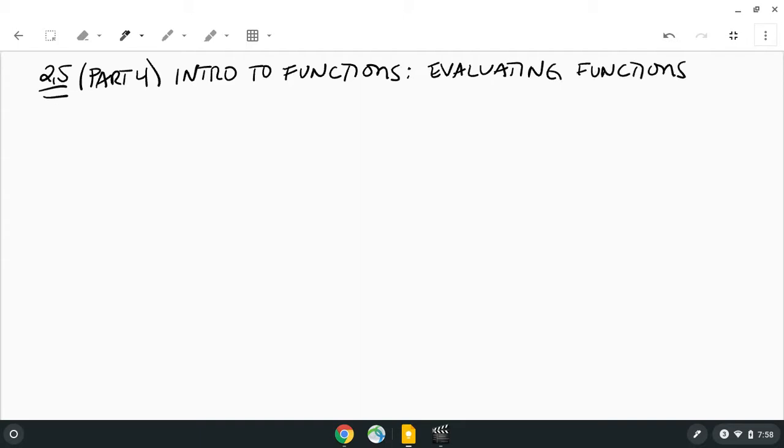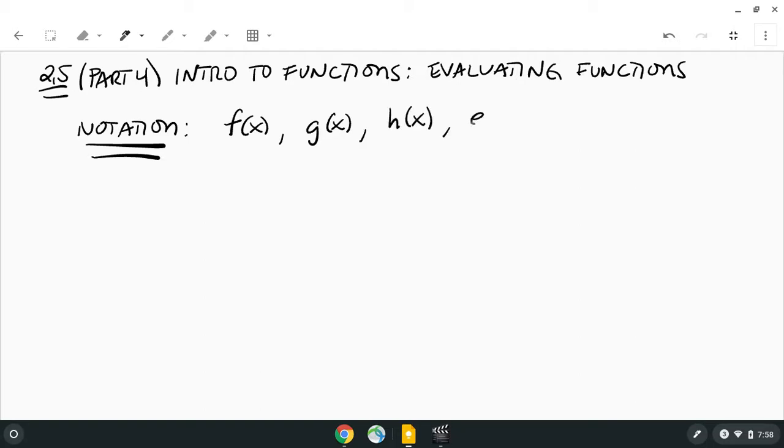Okay, so notation for functions. So sometimes we use this, f of x. That's a popular one, but we really could use any letter, f, g, h, etc. Okay, but that's the notation we use.